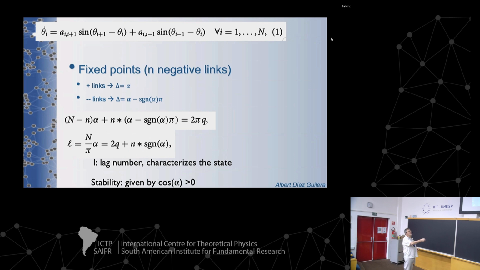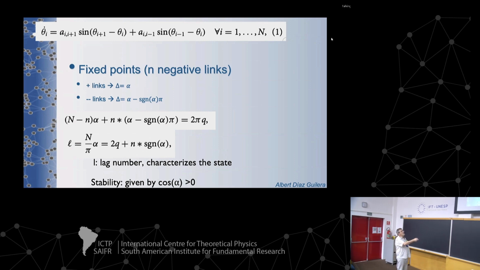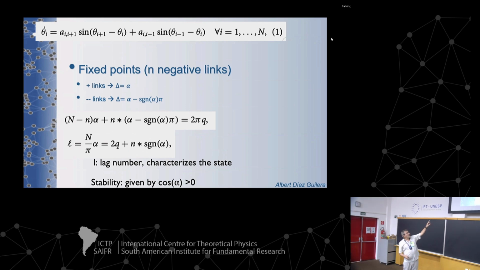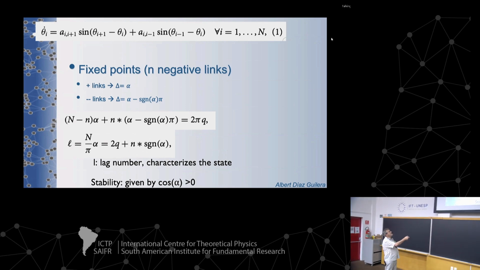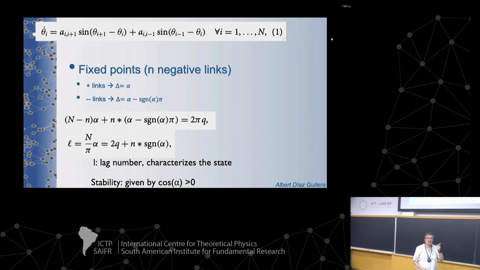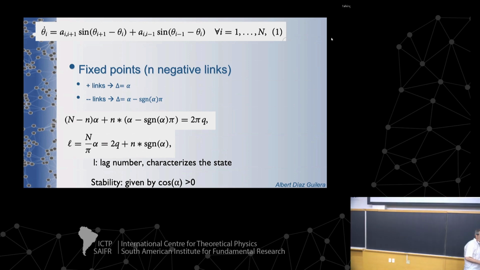The winding number has been used and proposed in different papers, but we introduce this lag number. The good point is that not all the values of alpha are possible. The phase difference alpha is related to L, but the condition is that the cosine of alpha has to be larger than 0. So not all the values of alpha are allowed.